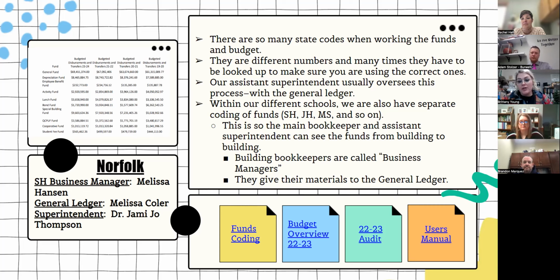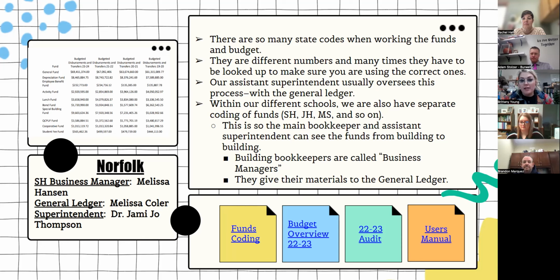One of the mistakes we learned from, especially this year, is that our assistant superintendent was working on the budget with the general ledger, and we found out he was mishandling funds. The lesson is that even though the superintendent has so many other things to focus on, like the big picture, they also need to watch what everybody is doing.